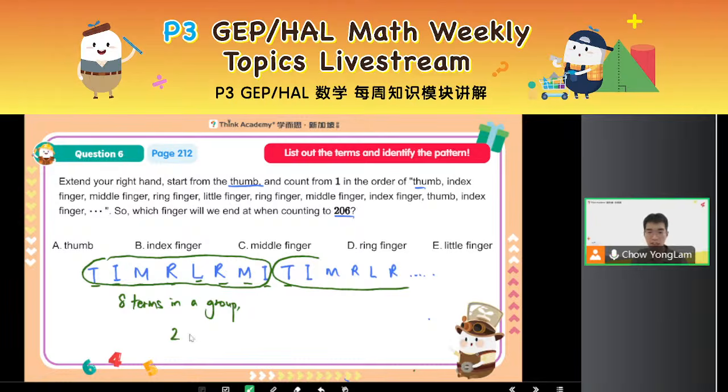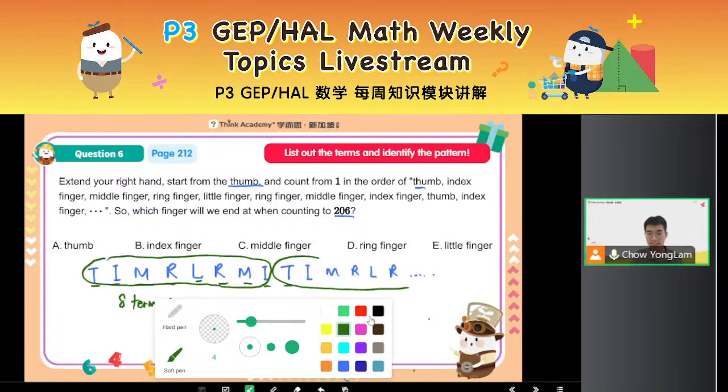So 206 counts in total. If I count 8 by 8, how many full groups of 8 are there? So I will need to divide by 8. Can anyone calculate for me? 206 divided by 8 is 25, remainder 6. So remainder 6 and 25, what do they mean? This is very important.